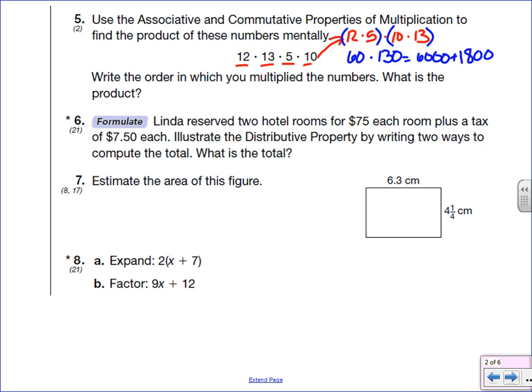So that makes 7,800. So if we double check that, we have 12 times 13 times 5 times 10 is 7,800.